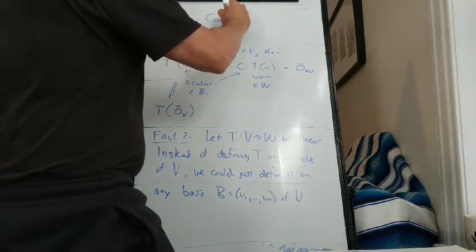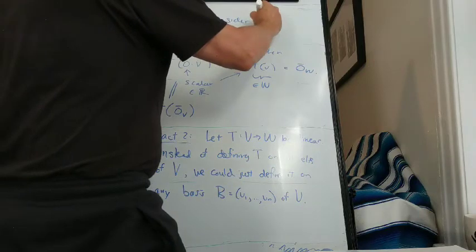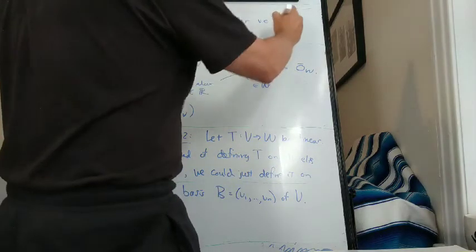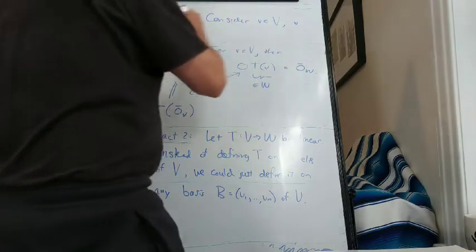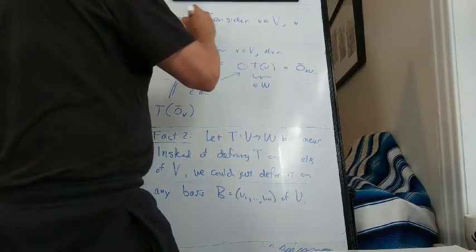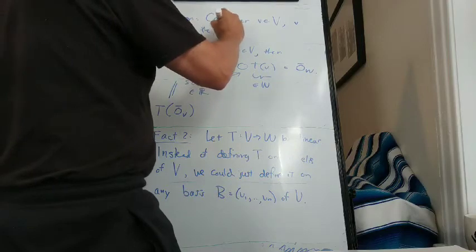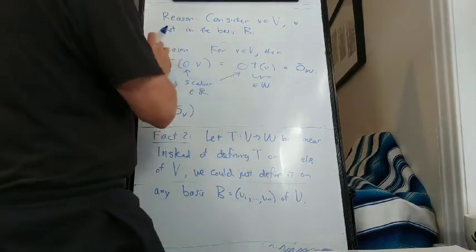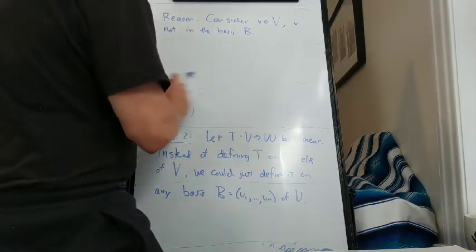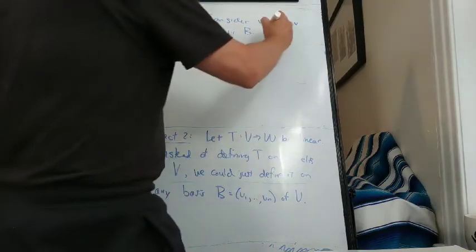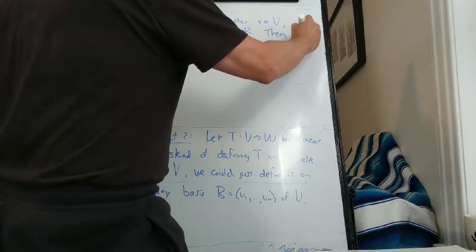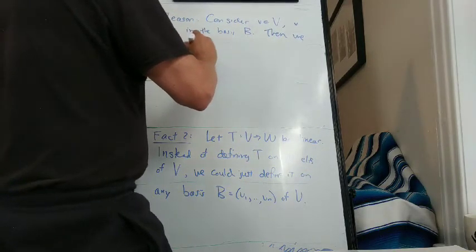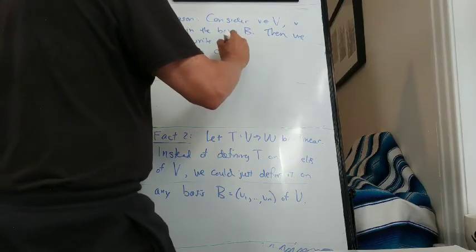So to see this, let's consider some element V in the space where V is not in the basis B. Well, since B is a basis, then we can write V as some linear combination of basis elements.